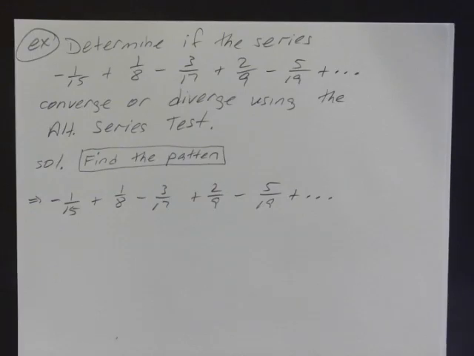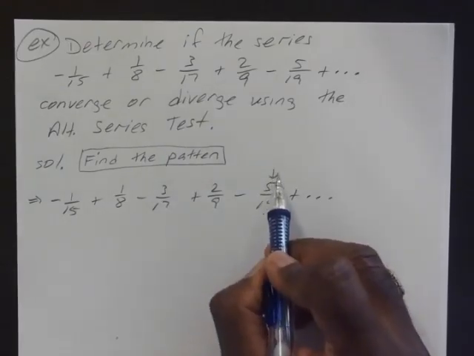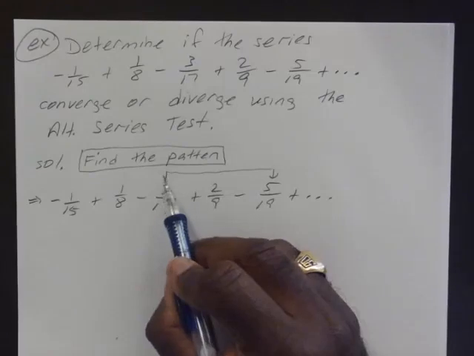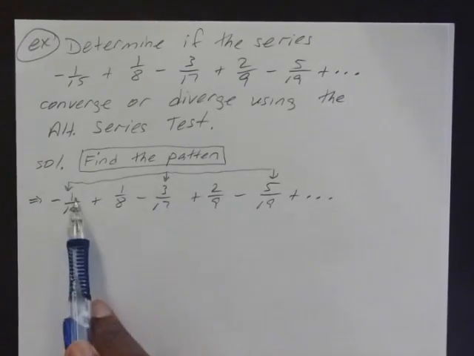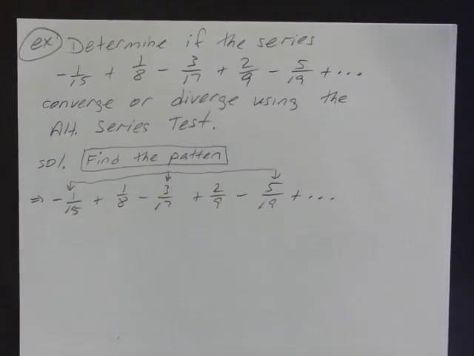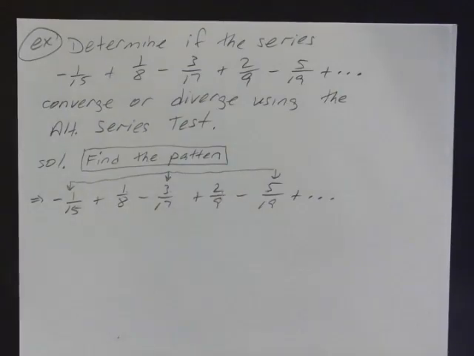Okay. So again, after a few failed attempts, I looked at it again and noticed here you have a numerator of 1, 3, and 5. So I wondered if I make this numerator 2 and this one 4, would that pattern be a little easier to figure out?